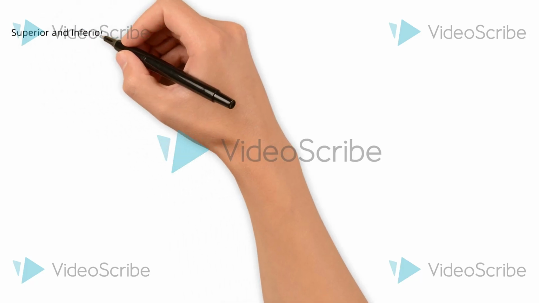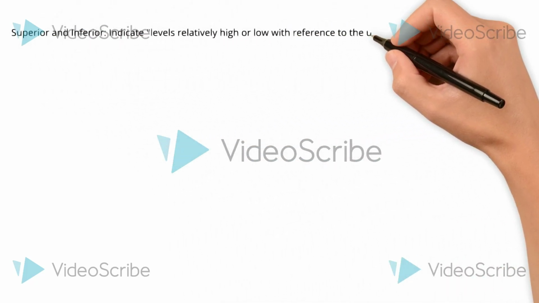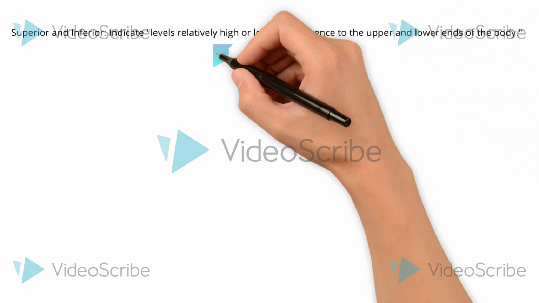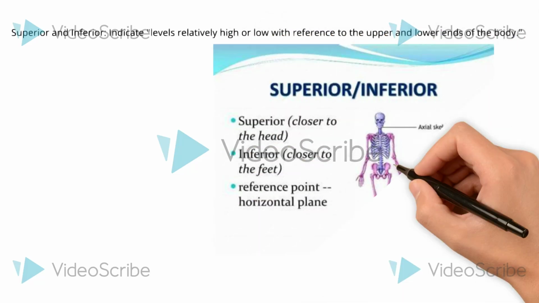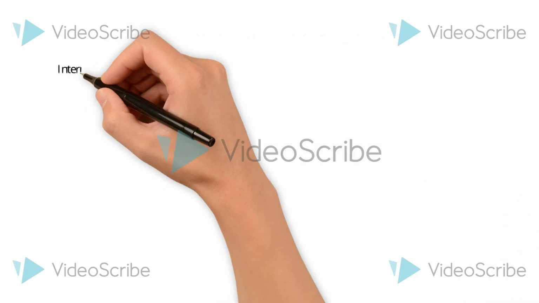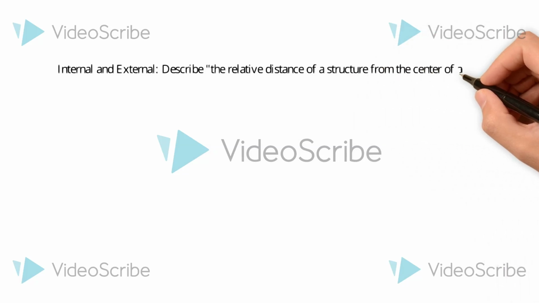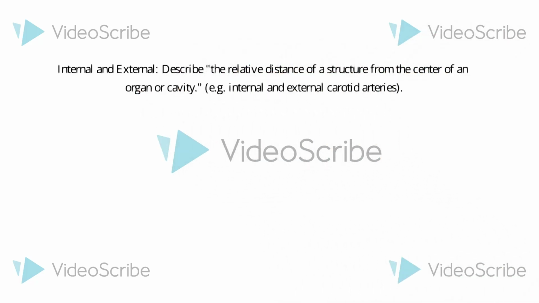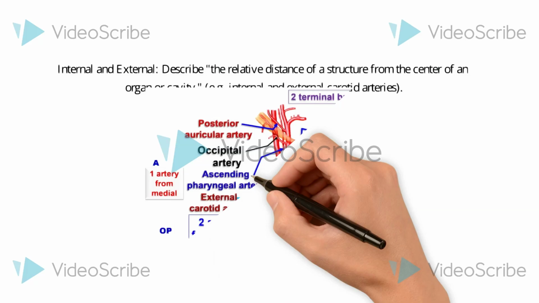Ipsilateral and contralateral. The term ipsilateral refers to the same side of the body. Contralateral refers to opposite sides of the body. Supine and prone. The supine position of the body is lying on the back. The prone position is lying face downward.